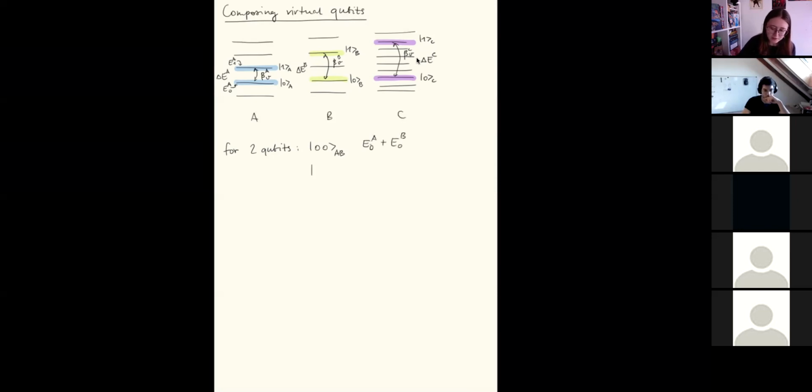The second eigenstate is 0, 1 with the energy E0A plus E1B. Then 1, 0, E1A plus E0B, and 1, 1.